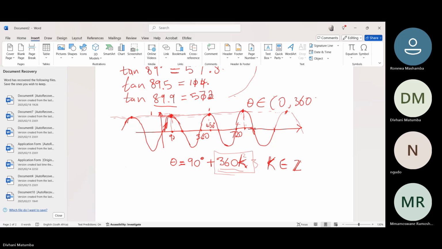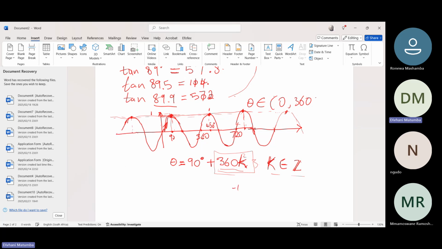Okay, that's true. So if we take K as 0, which point are we going to be talking about? We're going to be talking about this one. You agree? Yes, sir. Okay. If we say K is equals to -1, which point are we going to be talking about?